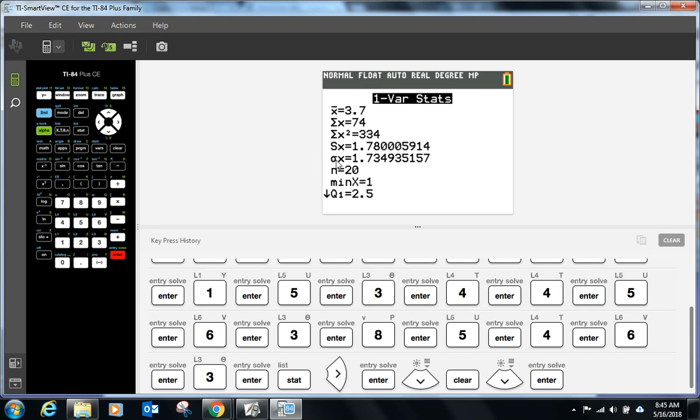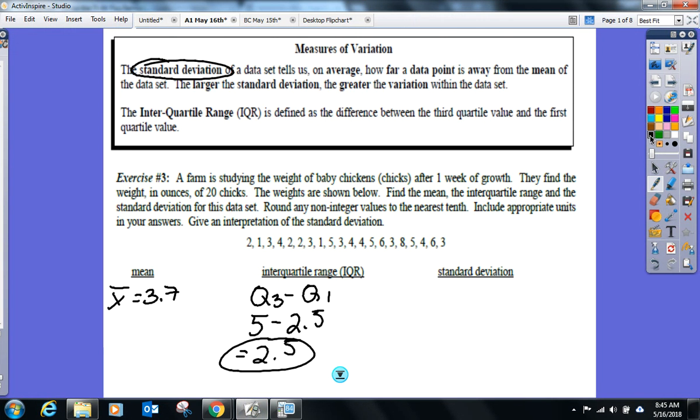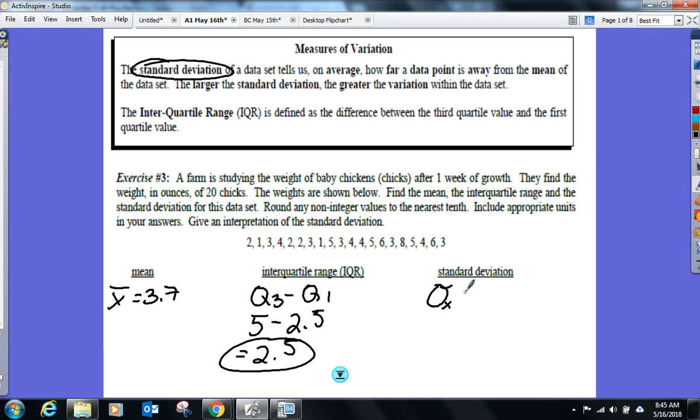And as we predicted, pretty small number. And it says what? There are rounding directions here. Round to the nearest tenth, so 1.7. And this is how I write it, sigma with the subscript x, 1.7.